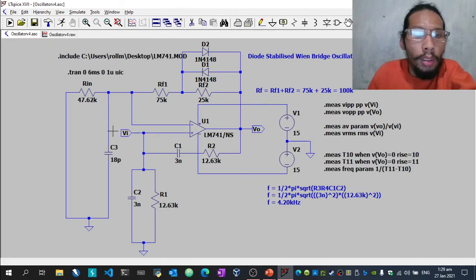This capacitor C3 will provide a charging and discharging for the input on the inverting input of the op-amp LM741, and the voltage will flow to the RF, going to the V out, feeding to the RC network, going back to the op-amp.